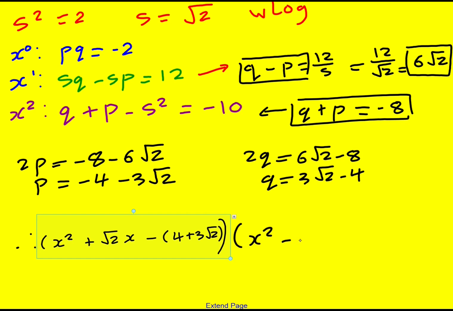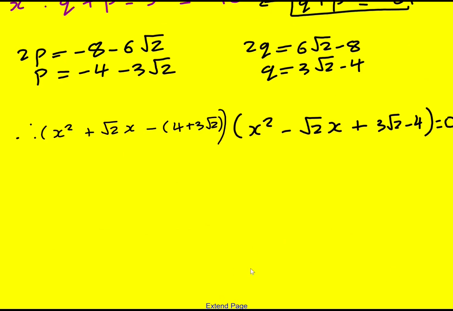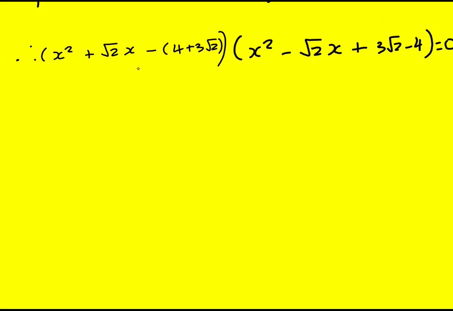Then x squared minus root 2x, that's my minus sx, plus q, plus 3 root 2 minus 4. That is equal to 0. And we have factorized that quartic expression. Let's take each one in turn, the left-hand bracket, the right-hand bracket, and solve them.